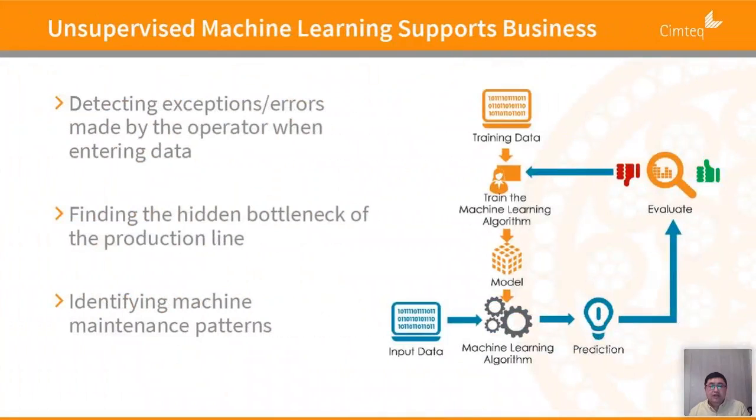That is supervised machine learning. For unsupervised machine learning, here are some things we can do. The first one is to point out human errors or exceptions in your current system data. When you implement ERP, for example, you will do a lot of data migration and data cleaning. But after you've done that and put the data in the system, nobody will doubt whether it is correct or not, because we don't have the resources to review it.